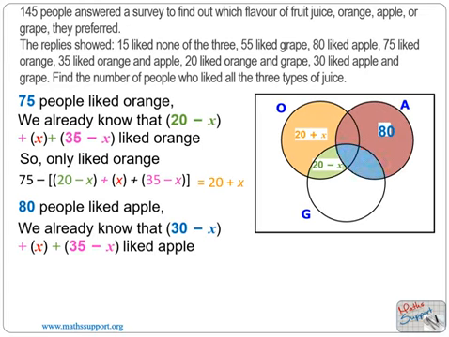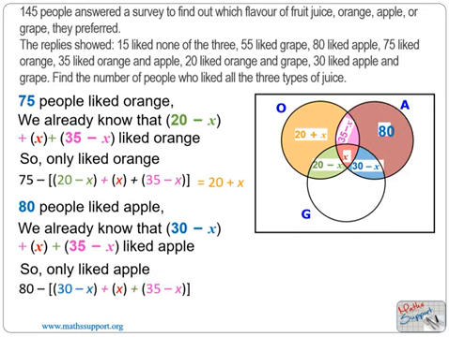Apple is 80, but we already have that this is 30 minus X, this is X, and this is 35 minus X. So only like apple, 80 minus 30 minus X plus X plus 35 minus X, will be 15 plus X.